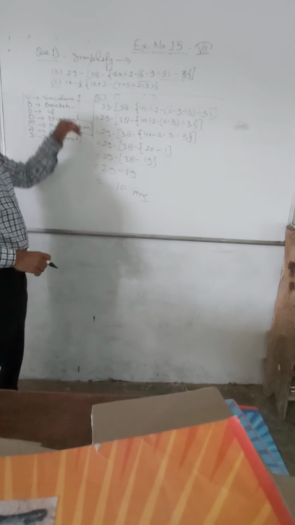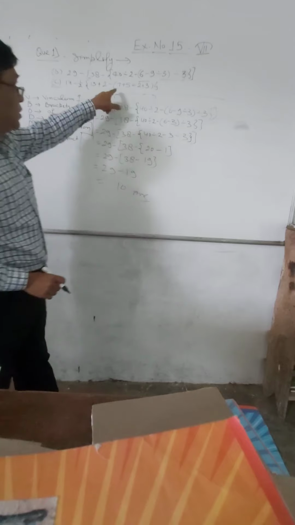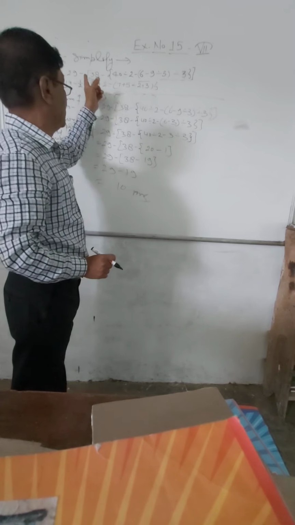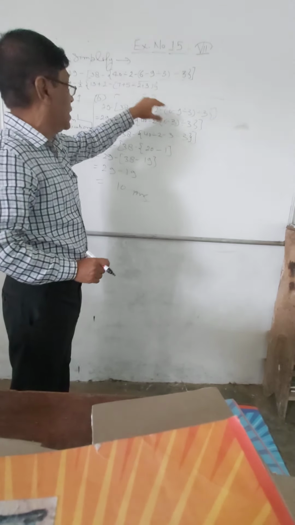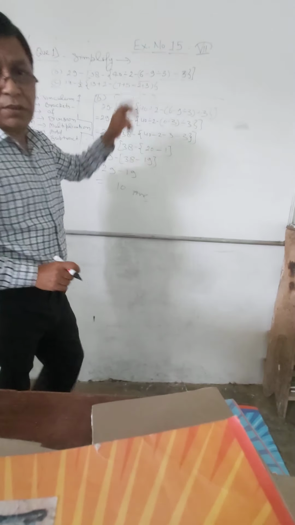Clear? So same way, the next problem also is solved. Here only one difference is there. Here there is a line bracket. In this question number 1 there was no line bracket. So again we will practice this.